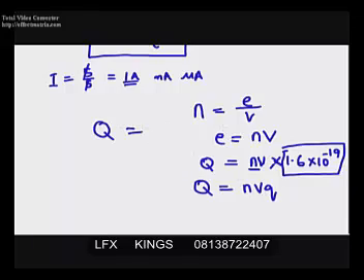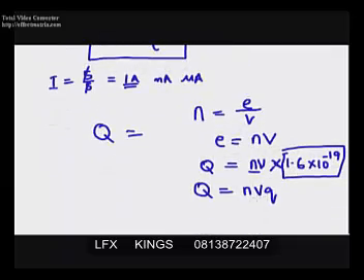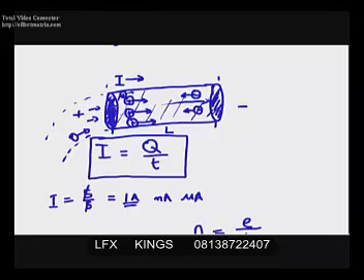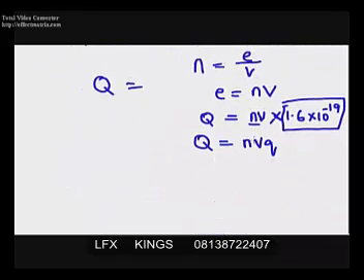If we want to find the current in the wire, we take this value divided by time. That gives us the actual current, because the current is the total charge that passes through the cross-sectional area, over the time it takes. So we want to split this volume into a simpler form.